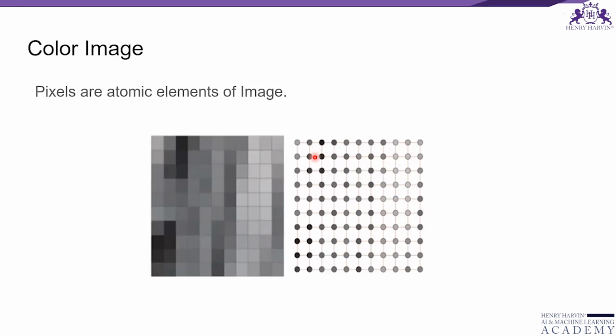What is a pixel? A pixel is the smallest unit of a digital image or graphic that can be displayed and represented on a digital display device. It is the basic logical unit in digital graphics.